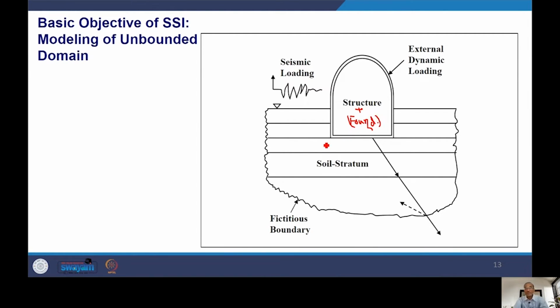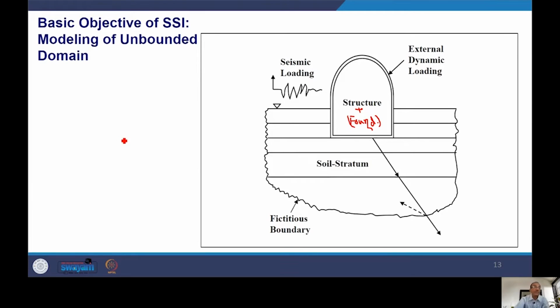Now, this structure including its foundation is subjected to, suppose, static load only, and the structure is situated on soil, not on rock. Then what we can do is consider some part of the soil with the structure and analyze.